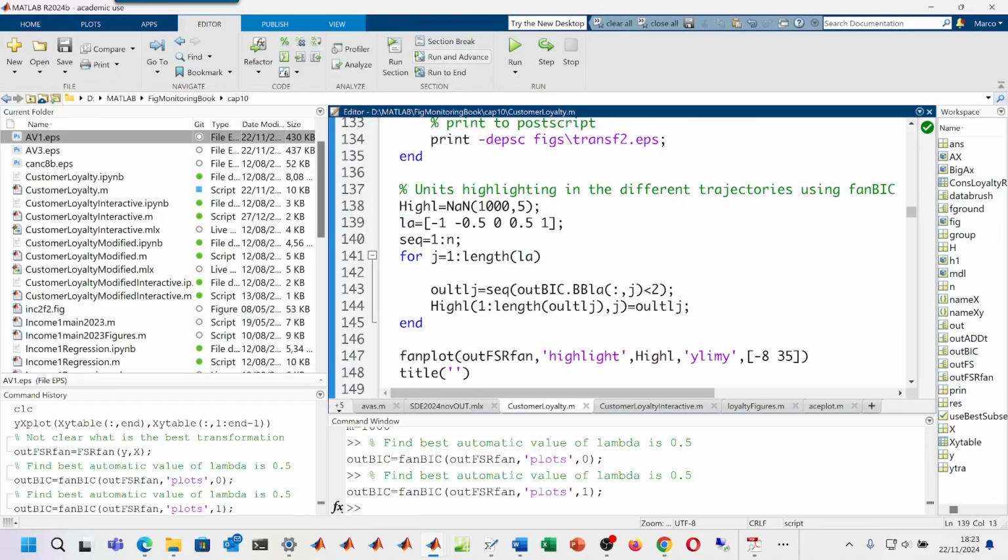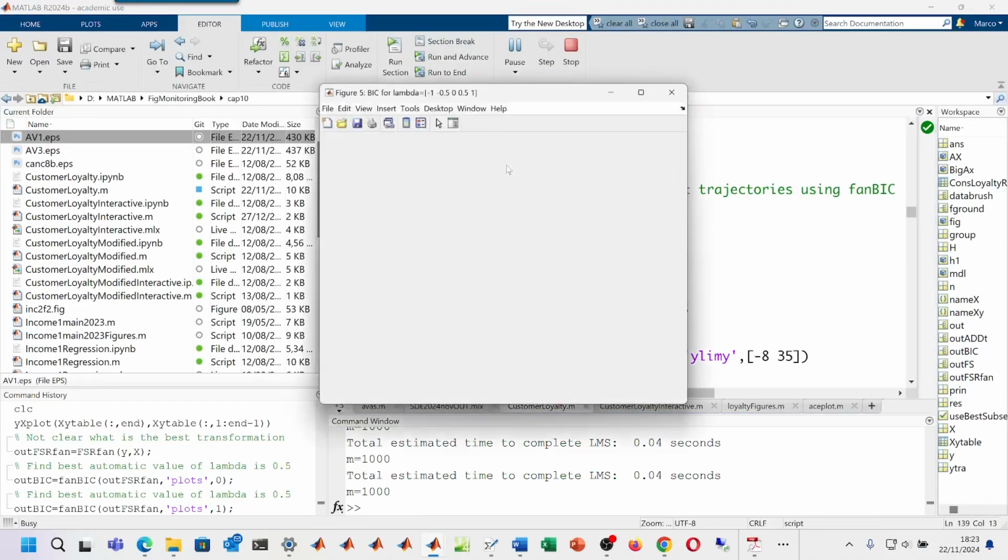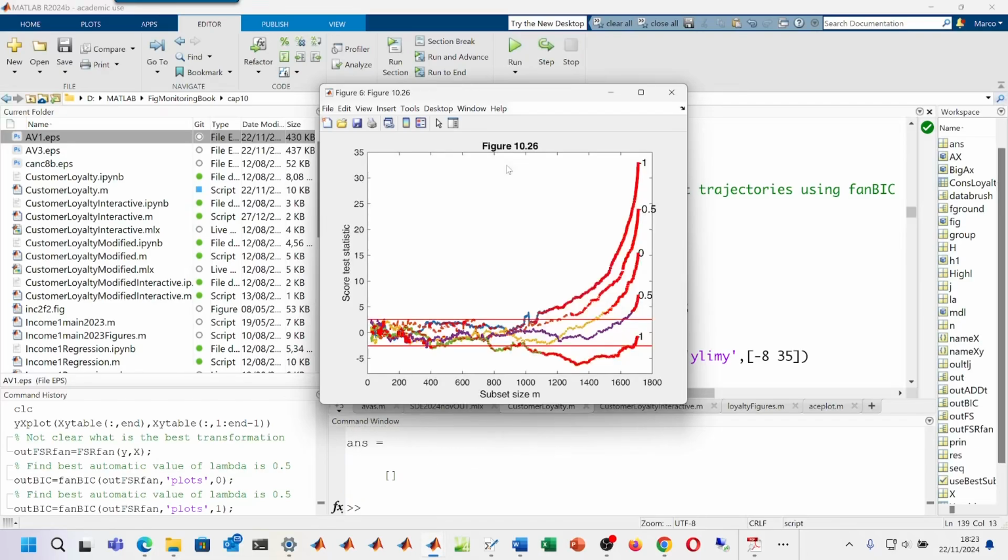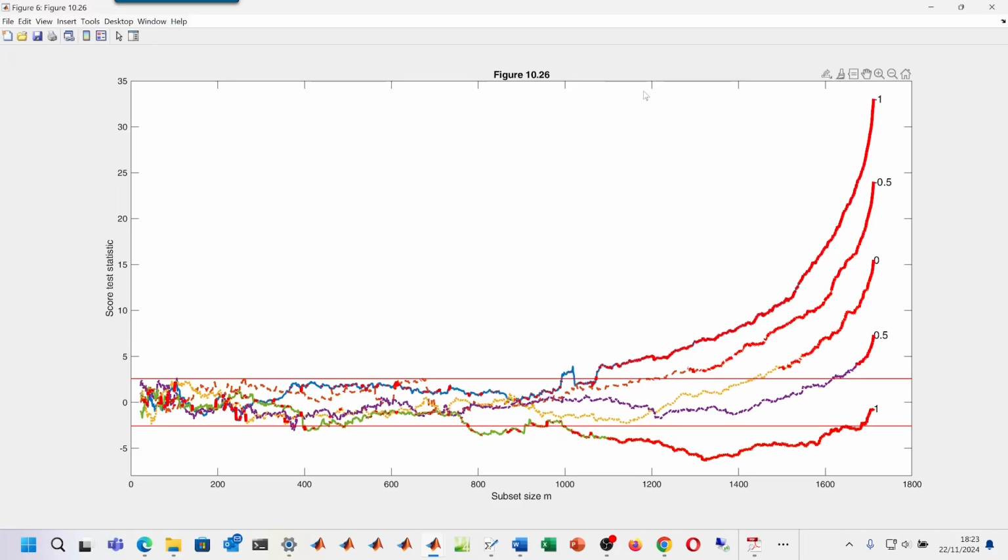Now highlight the outliers that have been found along the different trajectories. There is a different search for each of these transformations. And in fact, the number of outliers that you find is different.